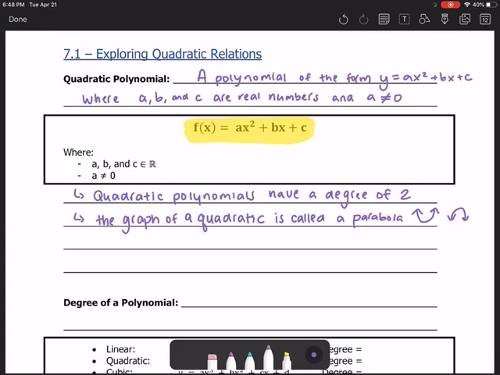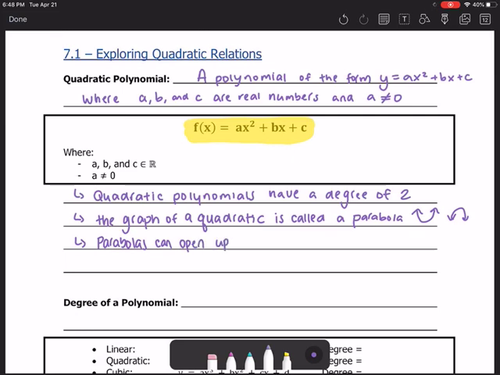It is not a line like you would have seen in a linear relation, but that shape is a unique shape, and it's called a parabola. So you could look at it and see its little cute smiley face, or a frowny face. Sadness.